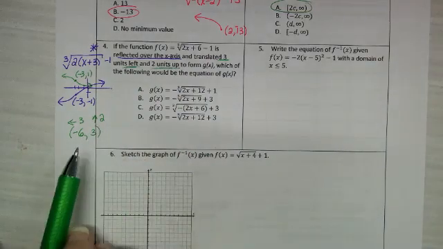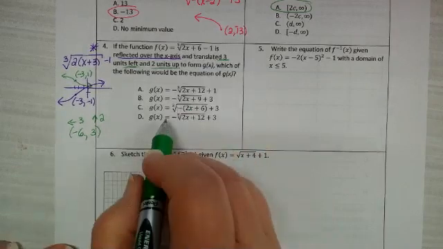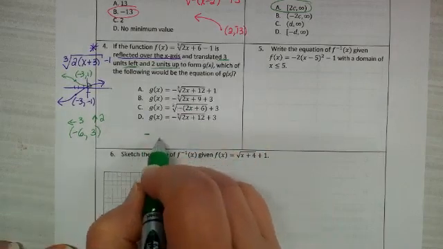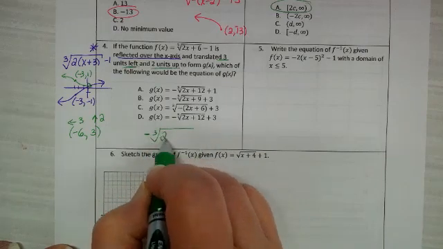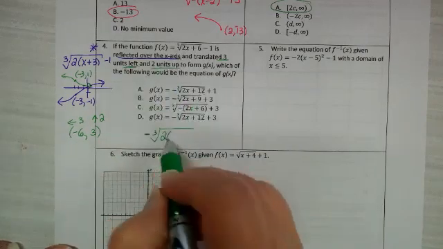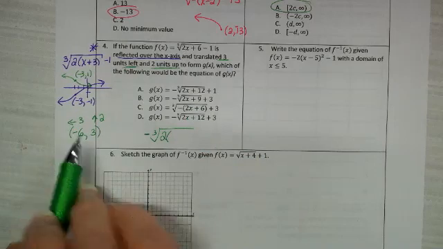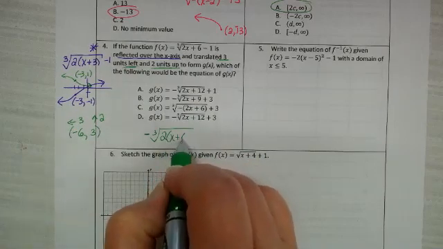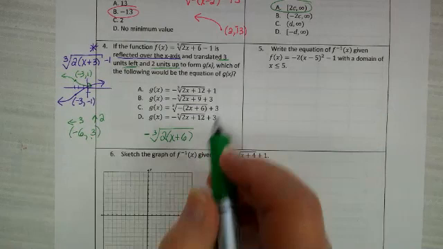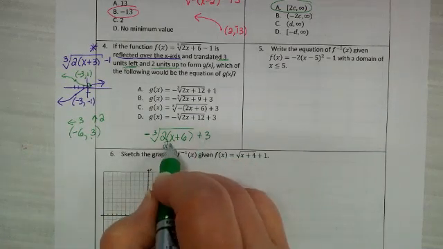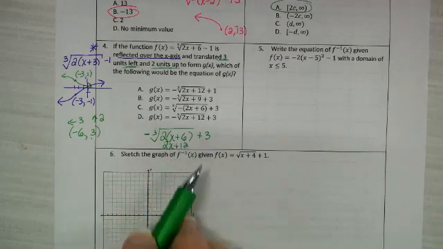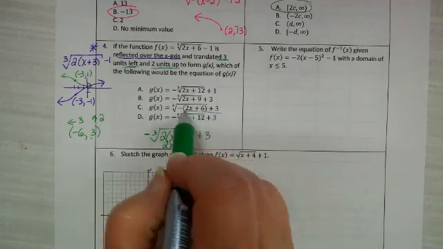So those are the changes that were made. So now my equation, I know it was a reflection. It's still a cube root. It's still got that b value of 2. But now I've moved to the left 6, and then up 3. So when I distribute in here, I get 2x plus 12, and then I've moved up 3.